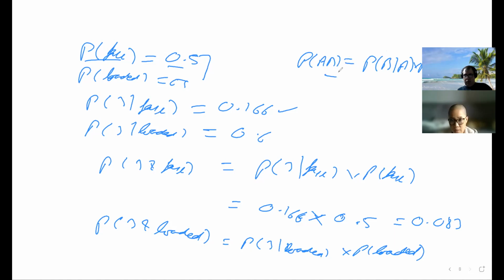This formula I have given to you. So 3 and loaded is P(AB), and it is P(3|loaded) into P(loaded). Can you find the answer for this?